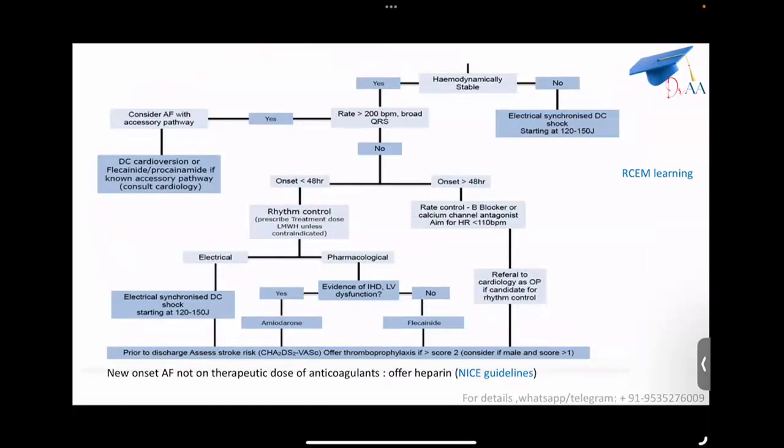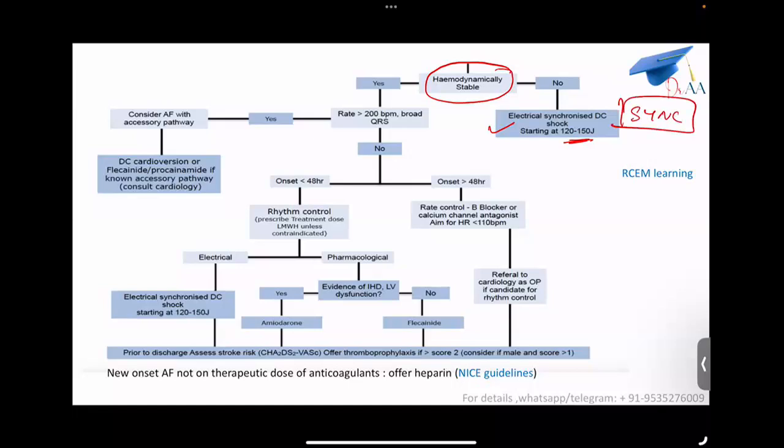How to treat a patient who comes to the emergency department. If the patient is hemodynamically unstable, that's when you directly go ahead with the shock. Usually we use joules around 120 to 150, and we use the synchronized mode.